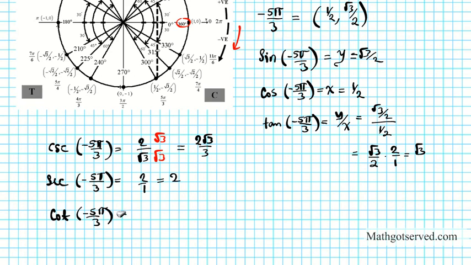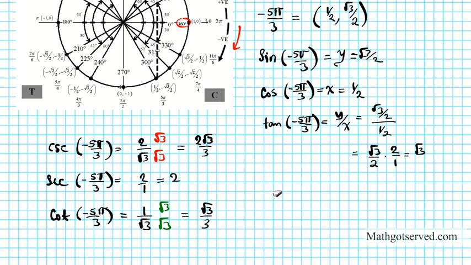Tan was root 3, so if I reciprocate root 3, I get 1 over root 3. I can't have a square root in the denominator, so I'll rationalize, and the answer is root 3 over 3. So there goes all your 6 trig ratios.